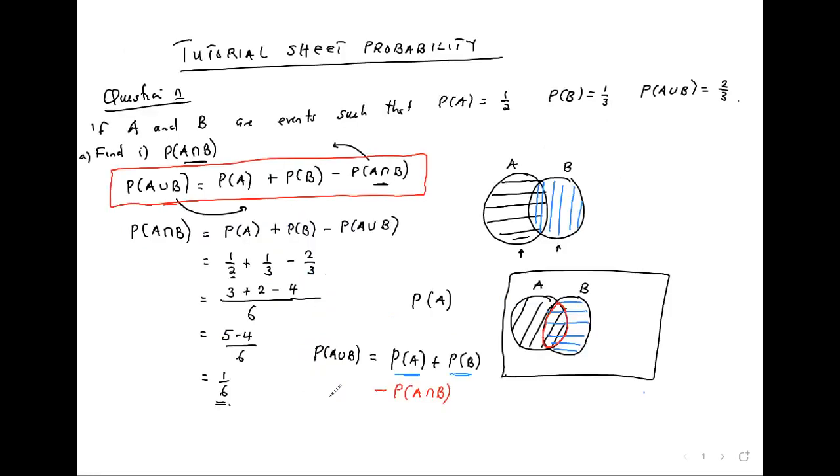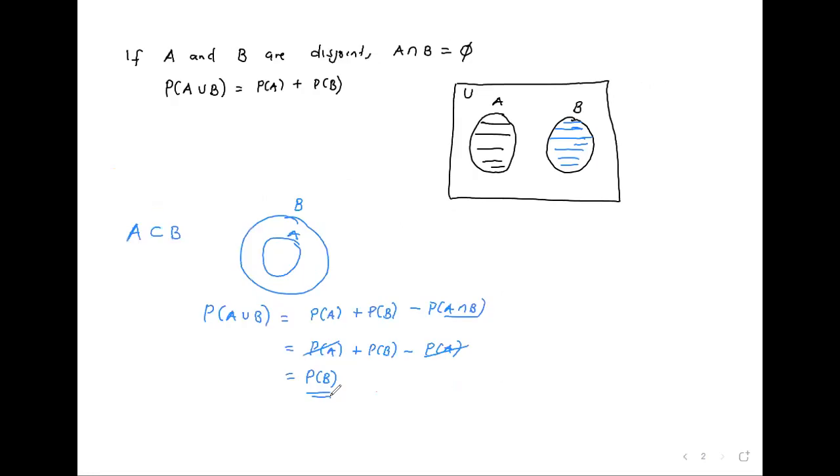Okay, so go back to our question. Or before I go back to our question, what if they ask us to find the probability of A complement, since now we know the probability of A is half?